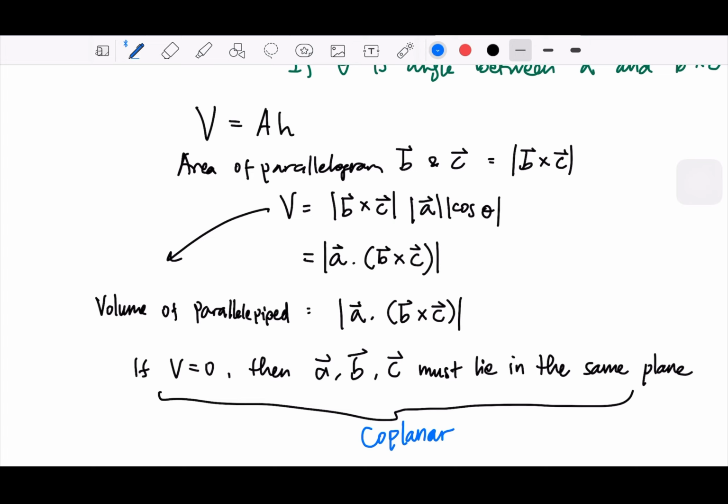So next week when we have a class, we will move to 2 or 3 more sections on vectors, which are the equation of line, plane, and then the last part will be the quadratic surface.